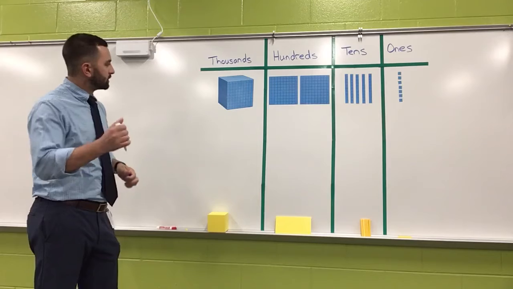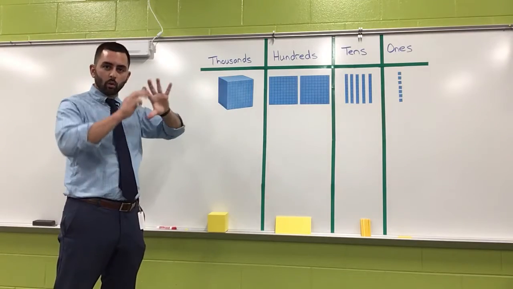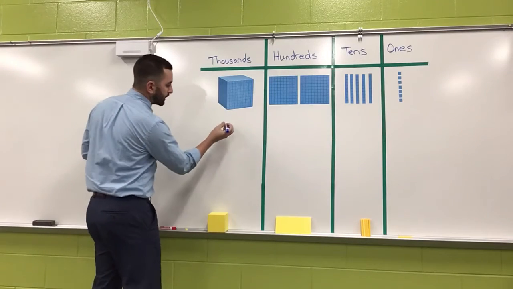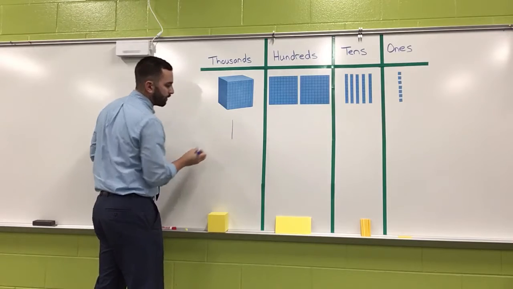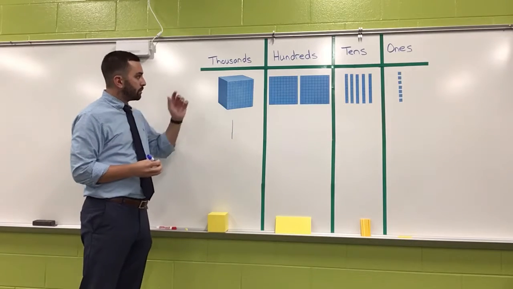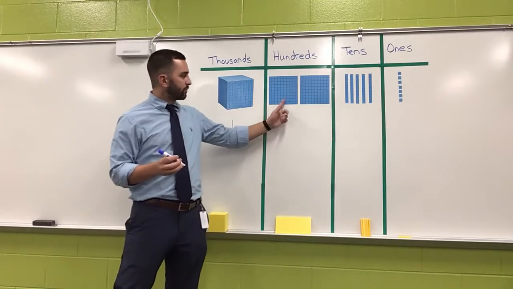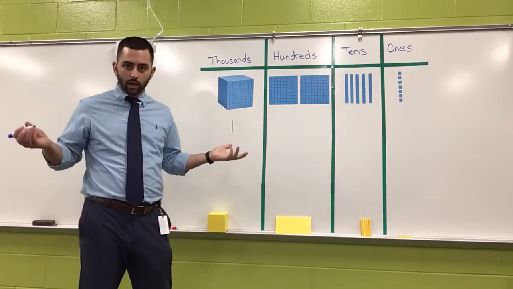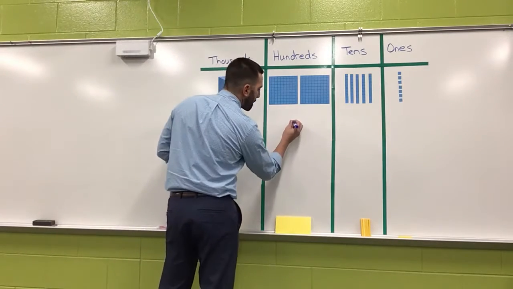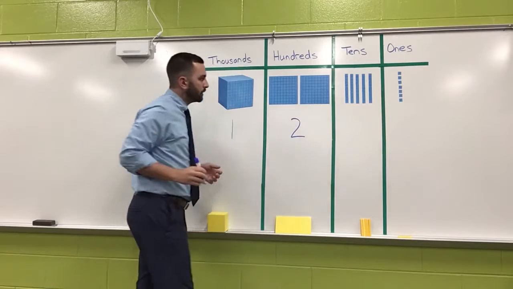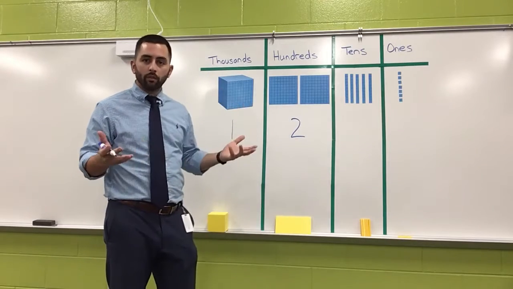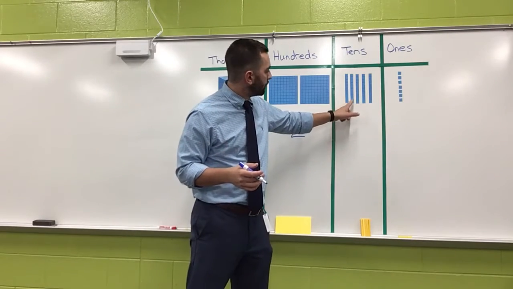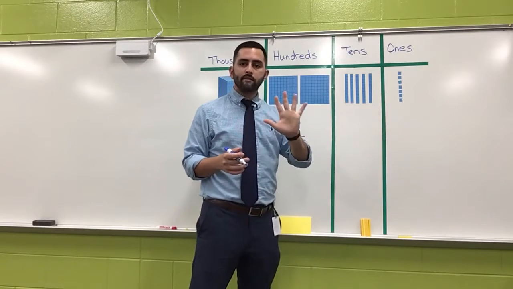So if we look at our thousands, I only have one here, this one box. So I can just write that as we have 1,000, okay? Moving over to the next one, you'll notice that I have two of these hundreds. So I have 200s. As we continue to our tens, we'll count those as well. And it seems like I have 1, 2, 3, 4, 5 tens.